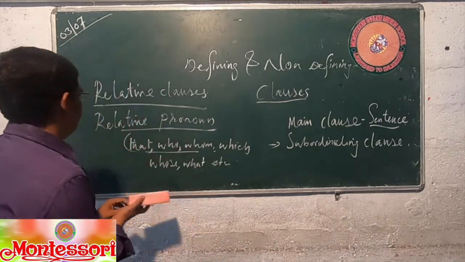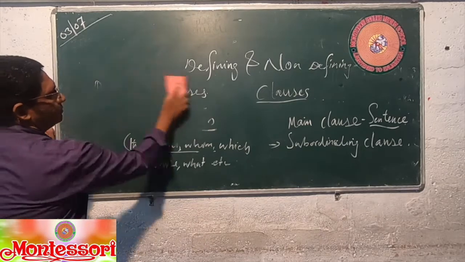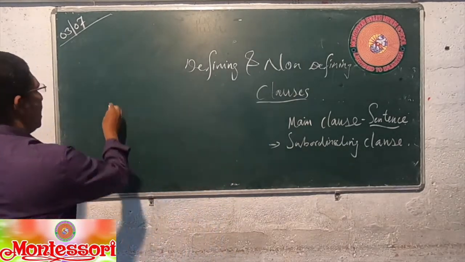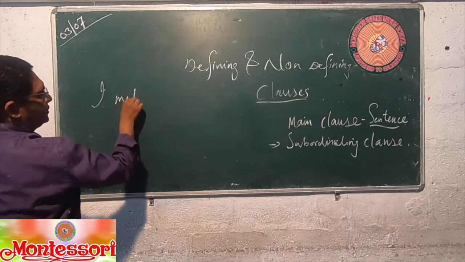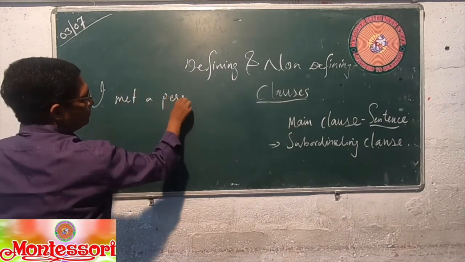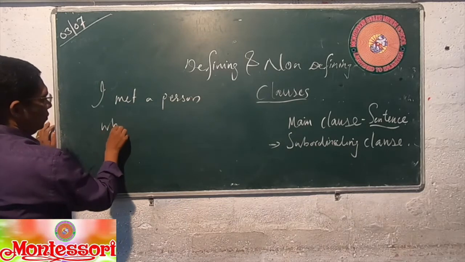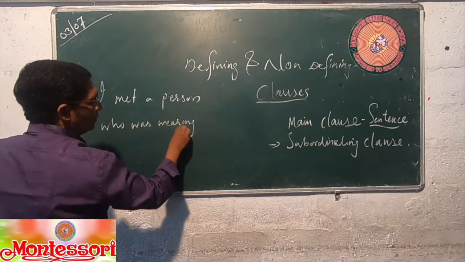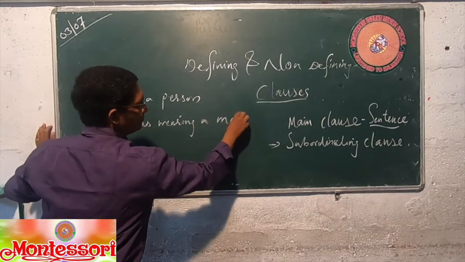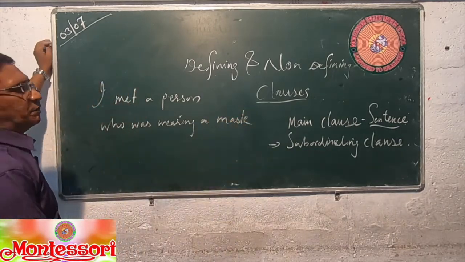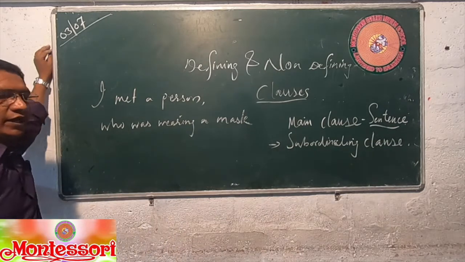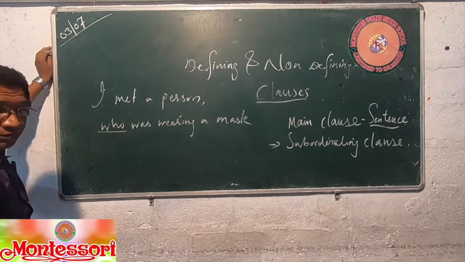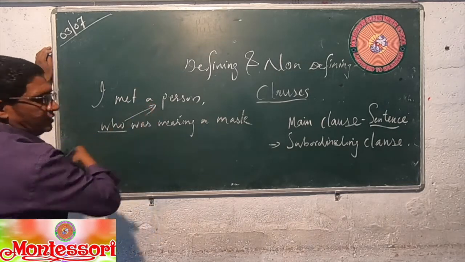I'll give you an example. I met a person who was wearing a mask. Here, who relates to whom? It relates to a person.